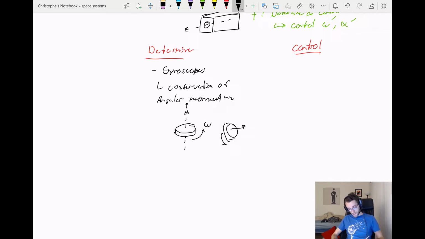And if we put something like a rotating disk in a gimbal, we have our little rotating disk, and it's spinning in that gimbal.